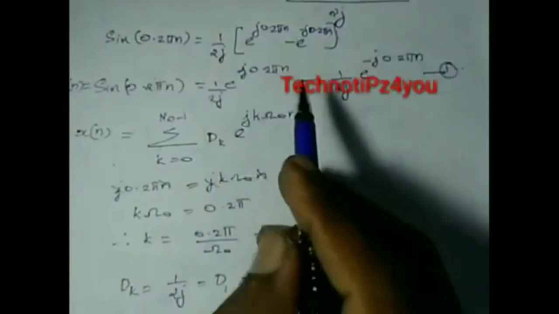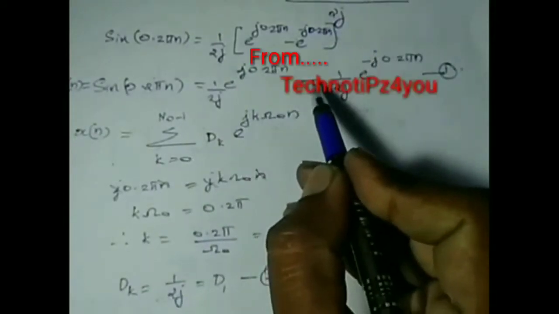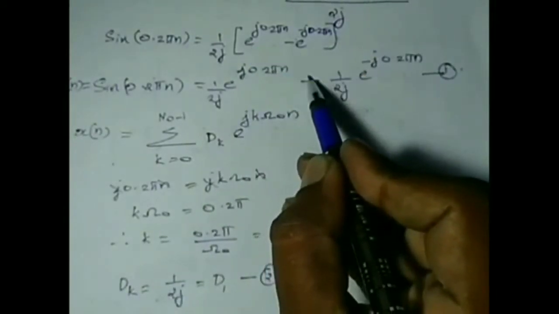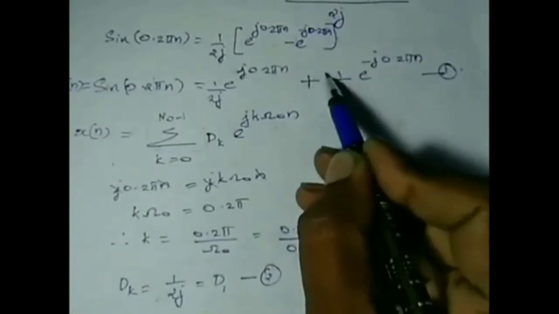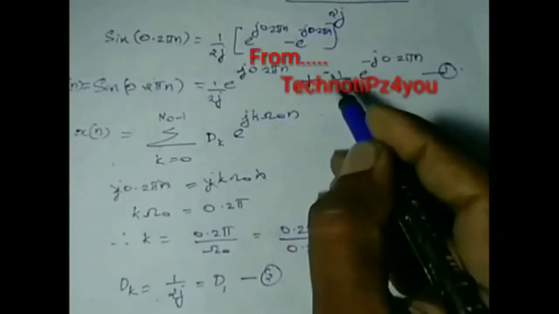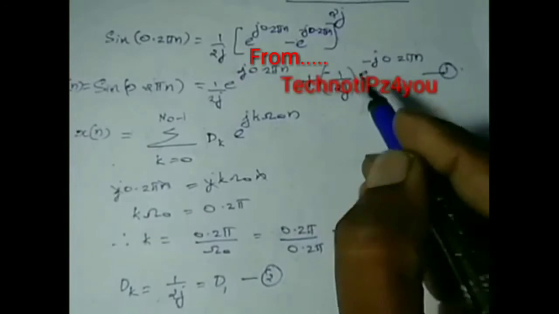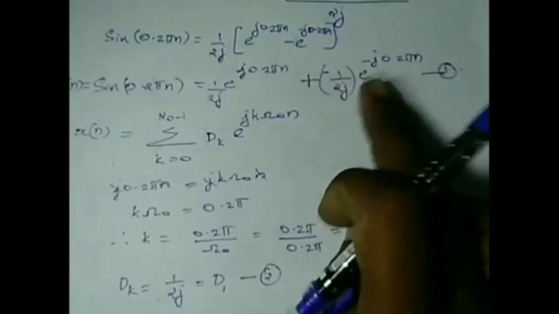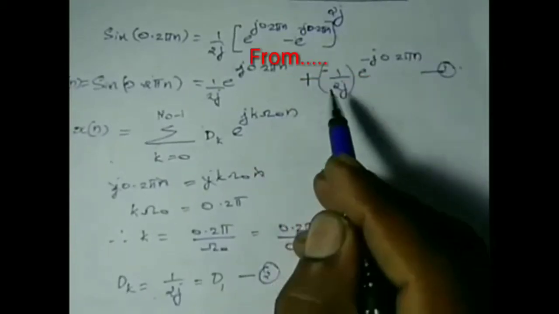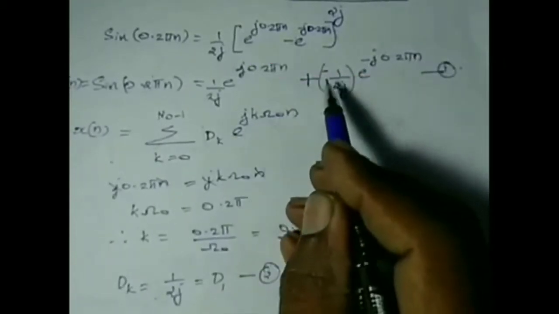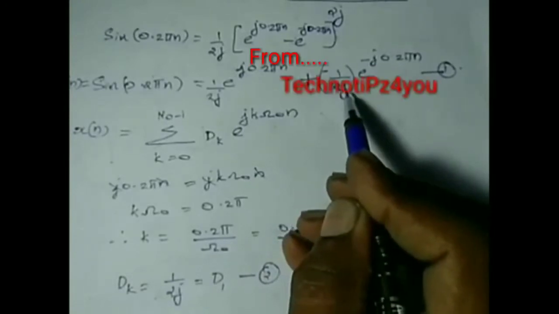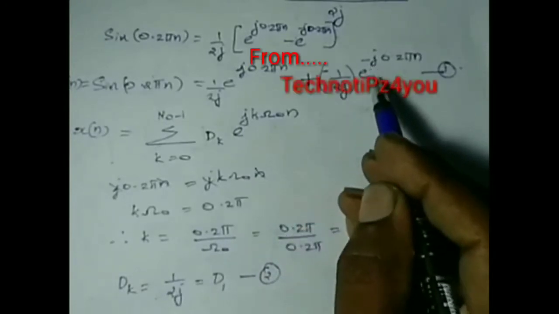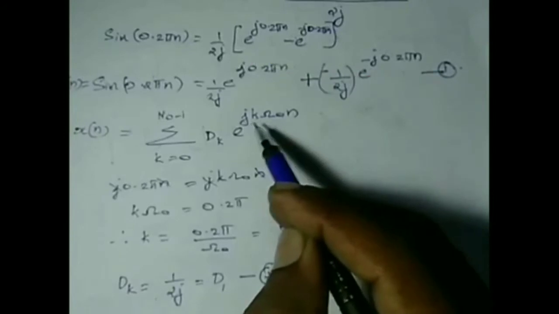So plus into minus becomes minus itself. Now I take a look between this equation and the basic equation. Of course, dk will be equal to minus 1 by 2j, and the exponent term is here and here also.